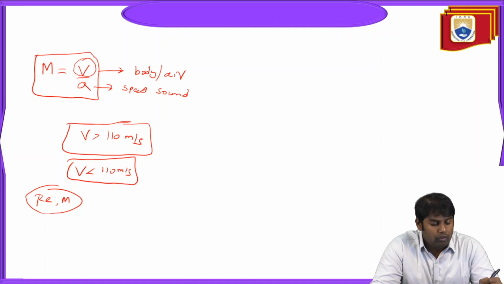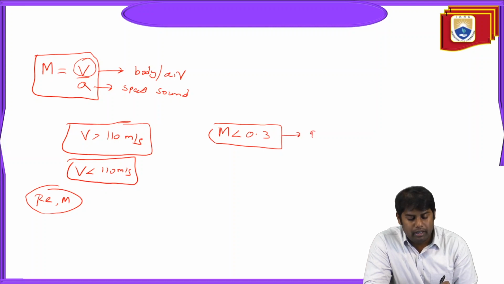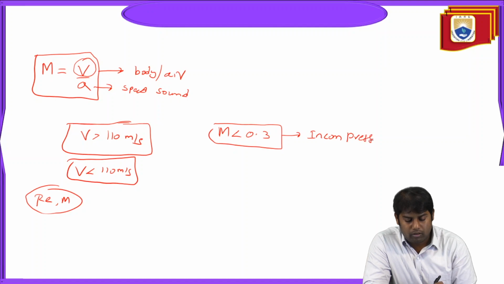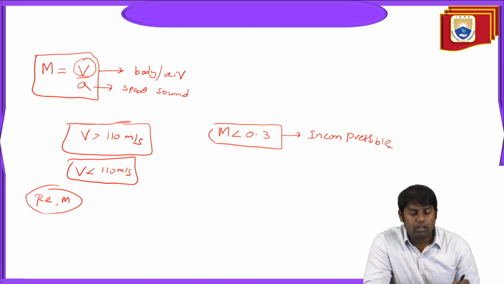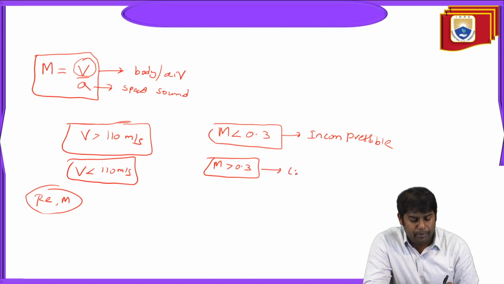Now, here we spoke in terms of velocity, so let us see in terms of Mach number. If Mach number is less than approximately 0.3, this will be incompressible flow. If Mach number is greater than 0.3, this will go in compressible flow.